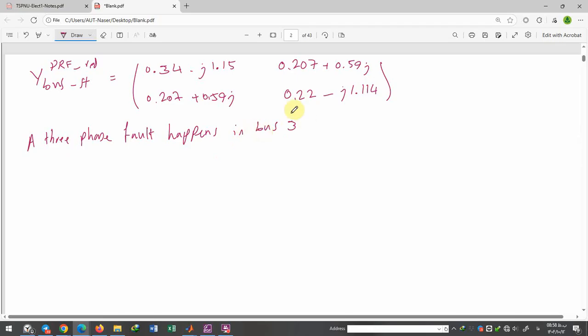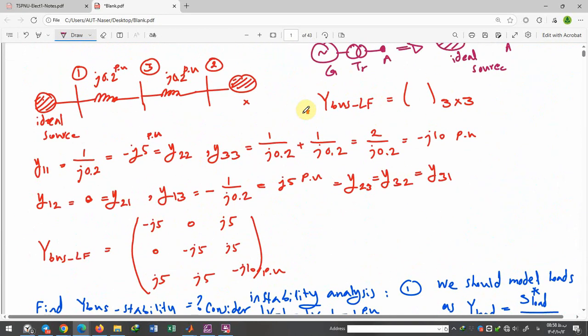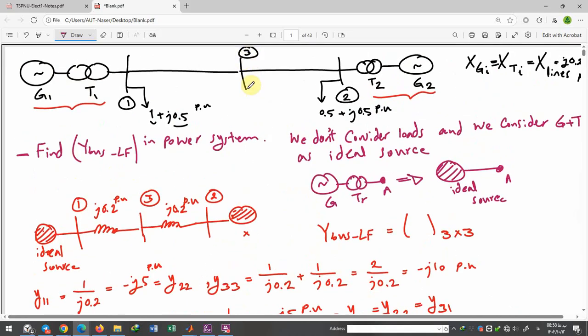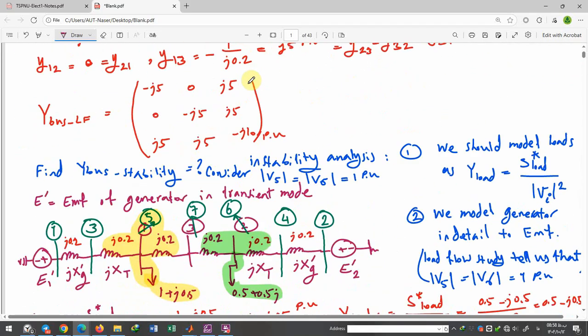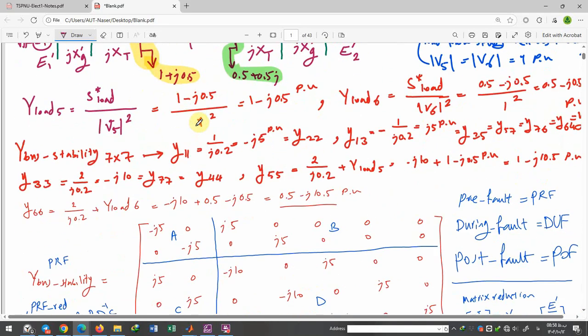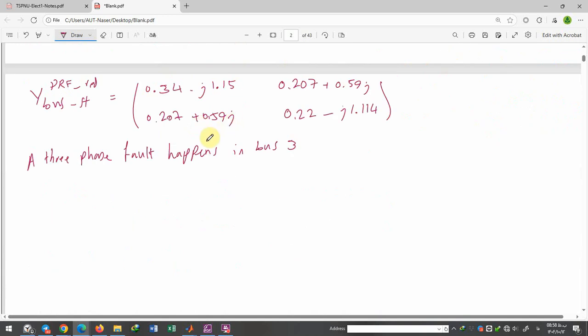The bus three in the main power system is called by a new number, number 7. So we translate a three-phase fault happens in bus three in the main power system means that we have a three-phase fault at bus 7.